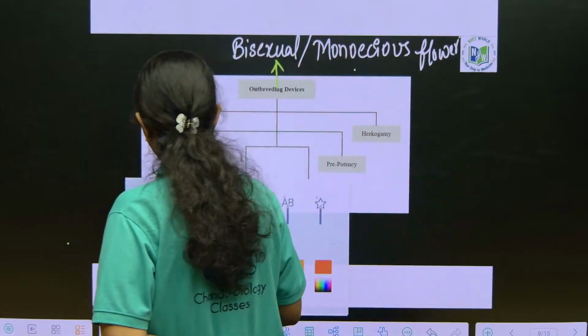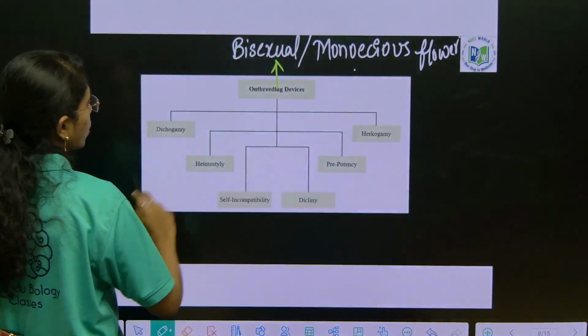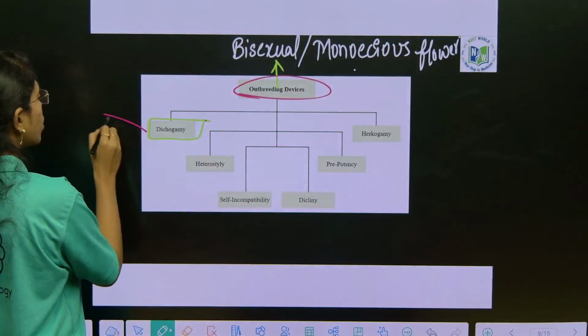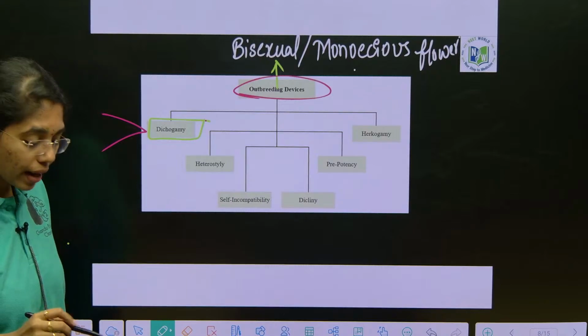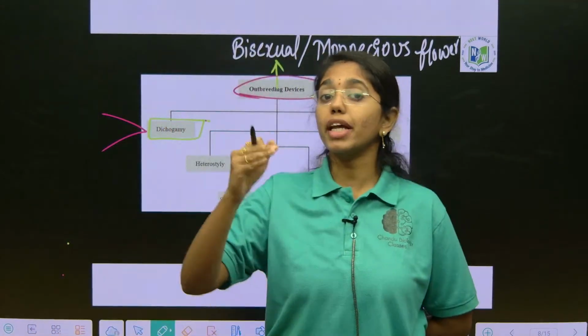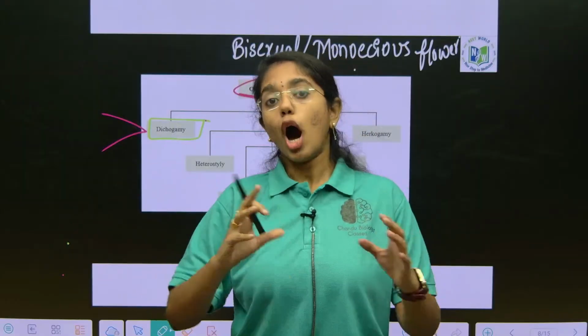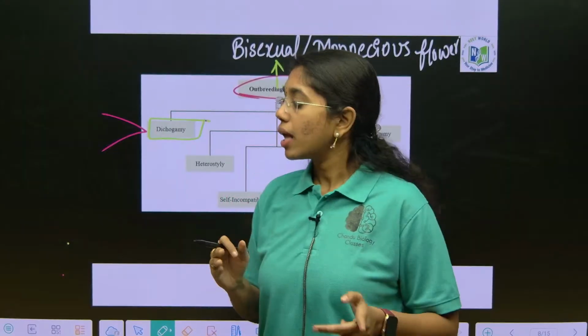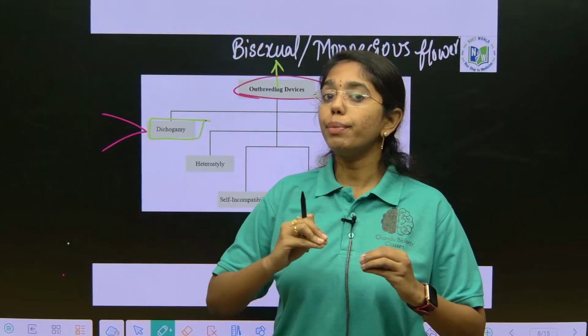Here we go with outbreeding devices. First, see, it is dichogamy. Dichogamy is a phenomenon in a bisexual flower. Either the male reproductive structure will mature prior to the female reproductive structure, or the pistil will mature prior to the anther. That maturation period will be different.